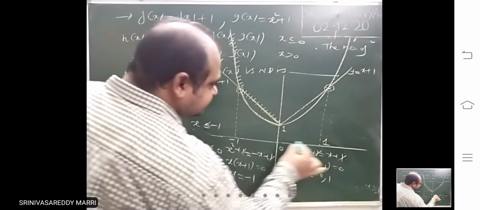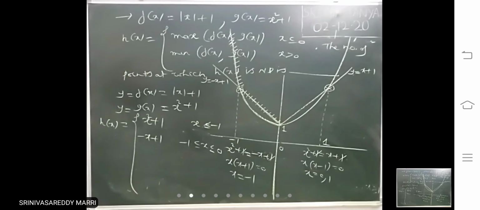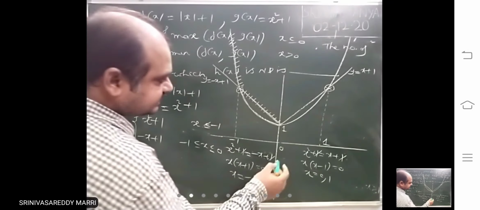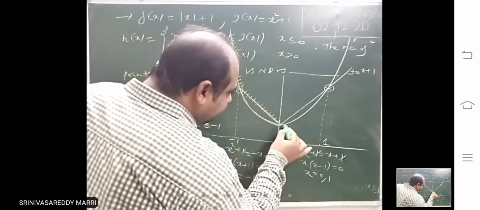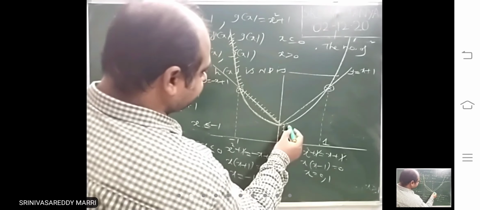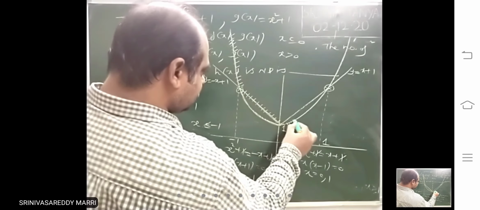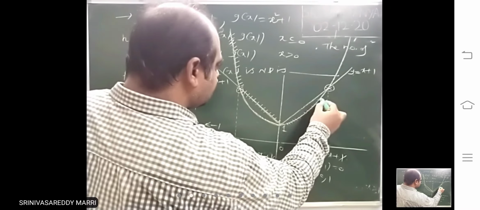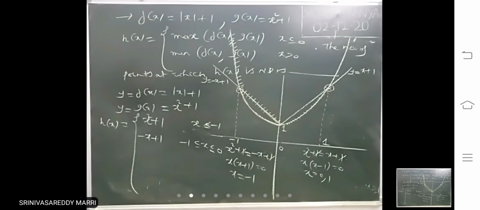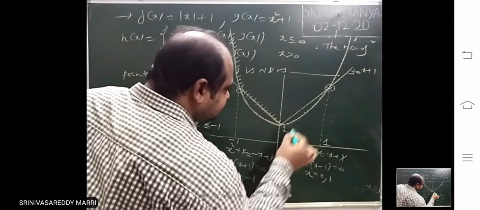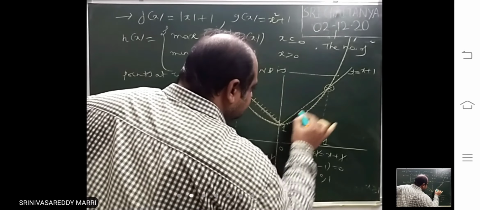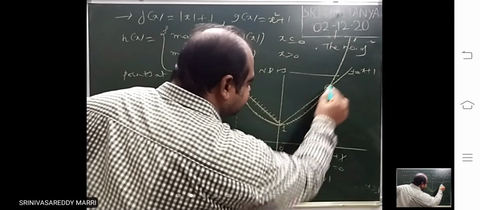When x greater than 0, minimum means, look at here, minimum means from 0 to 1. Minimum is what? This is the one. So look at this, I am drawing. So minimum is, this is 0 to 1, this is x square plus 1 and this is x plus 1.